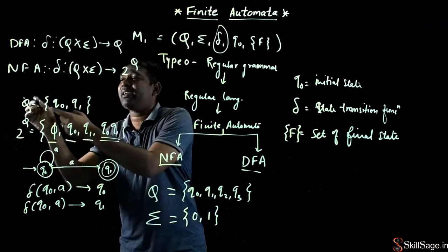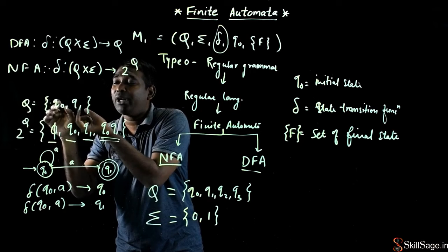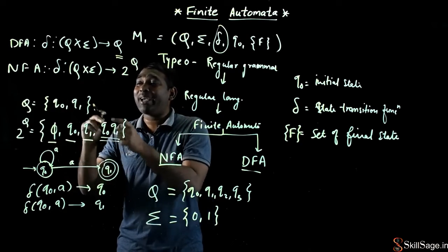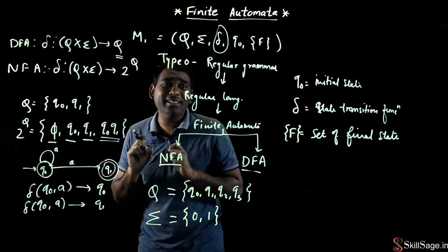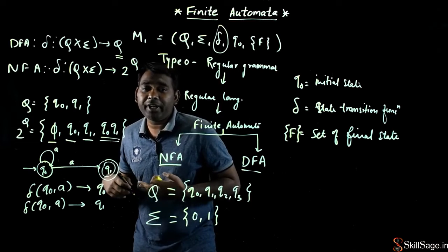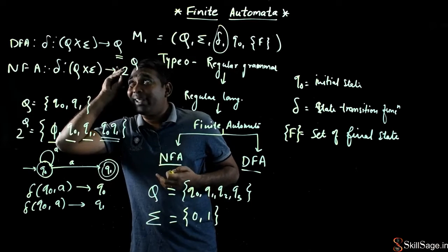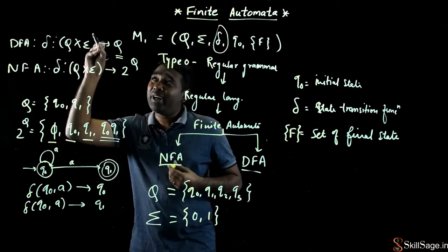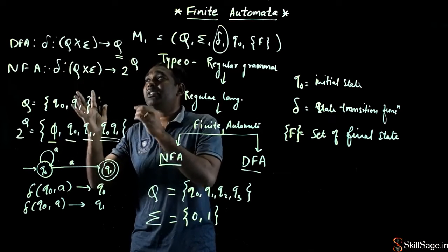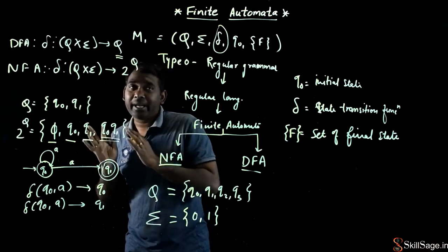Q is a set of states. How many states do I have? I have only two states, Q0 and Q1. That means here this Q will be replaced by either Q0 or Q1. What does it indicate? It says that in a deterministic finite automaton, on any state, on one input symbol, you have a unique transition. So this is the major difference between NFA and DFA.